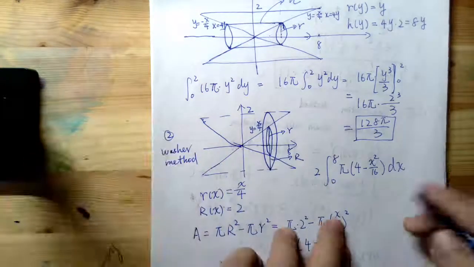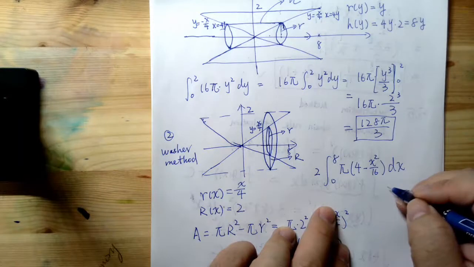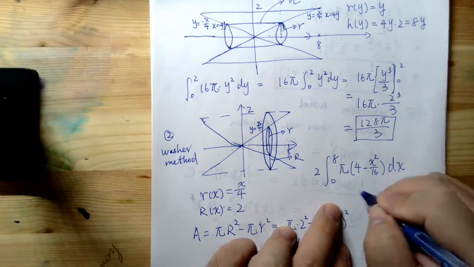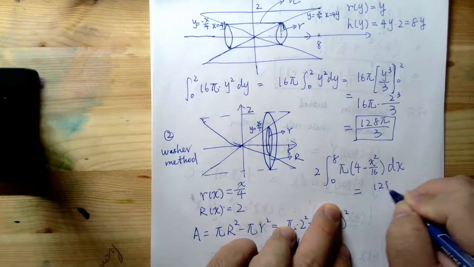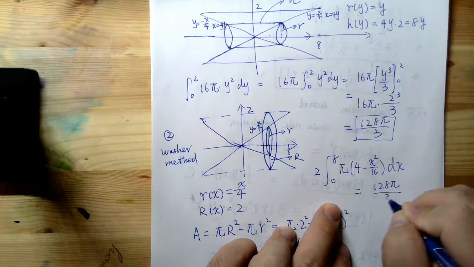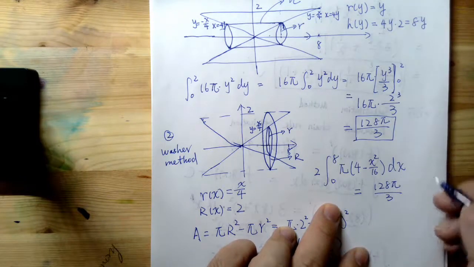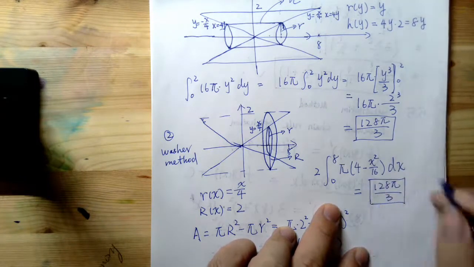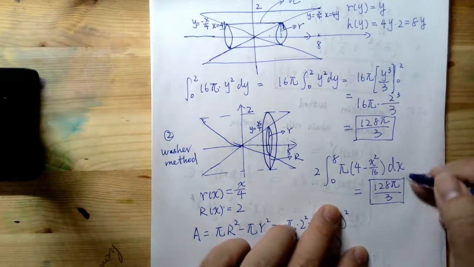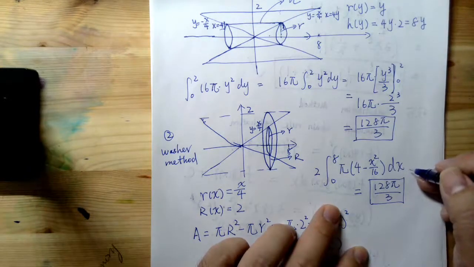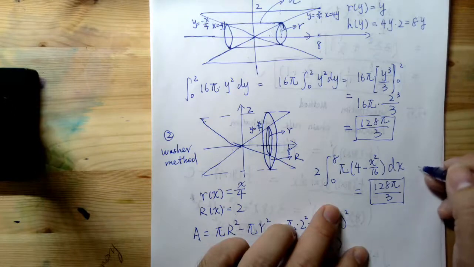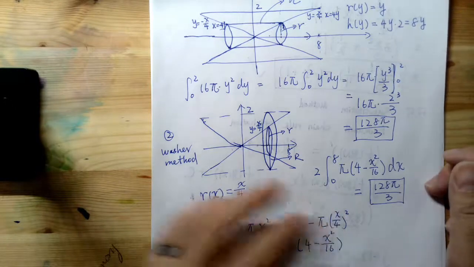And you can evaluate this integral. It turns out that the solution of this integral is also 128 pi over 3. So I'll skip the calculation for this integral because those two are the same.